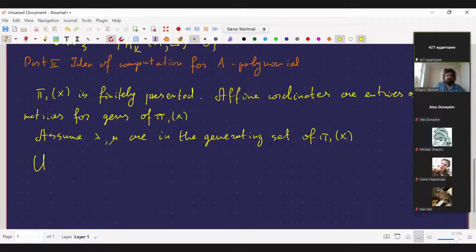Okay, so we have a certain open subset inside of R of X. I will simplify the notation for R P1, etc., to just R of X, where lambda and mu have upper triangular form.